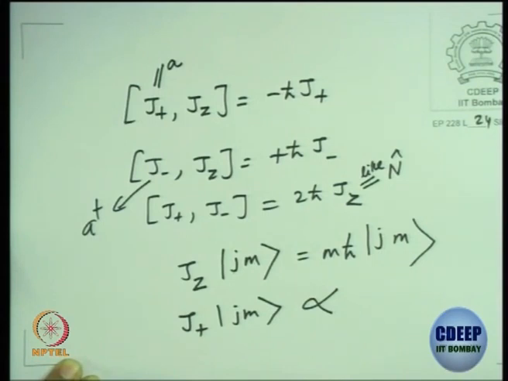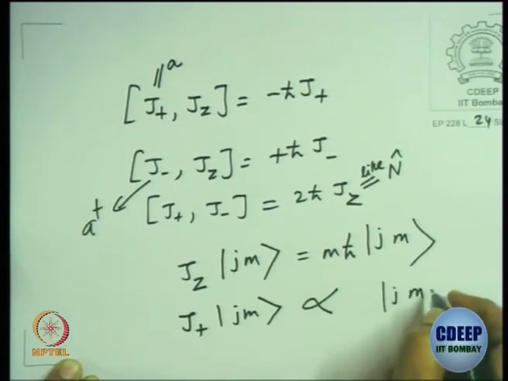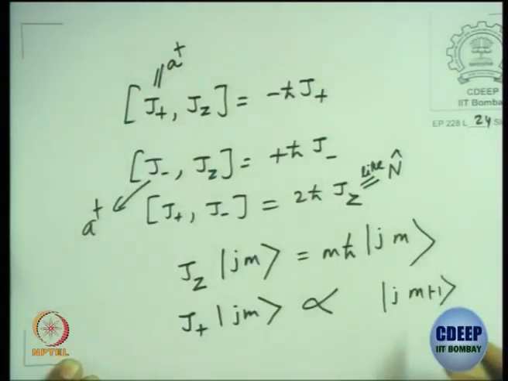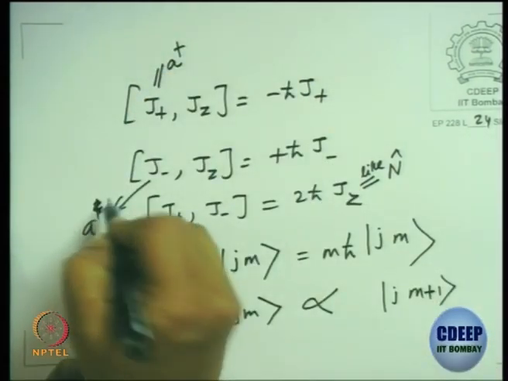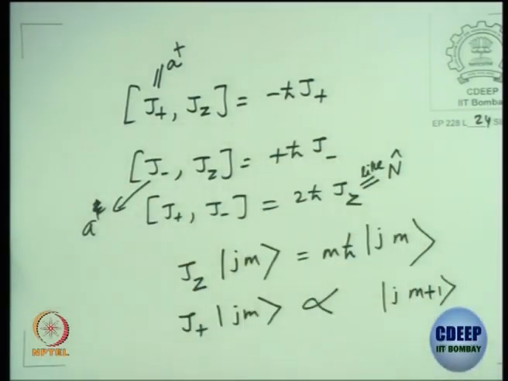If you remember, when we did the oscillator, A on n went to m minus 1 or m plus 1. So I think J plus is like A dagger and J minus is like A. Rewrite it that way, then this will become a plus sign, and that will become a minus sign.